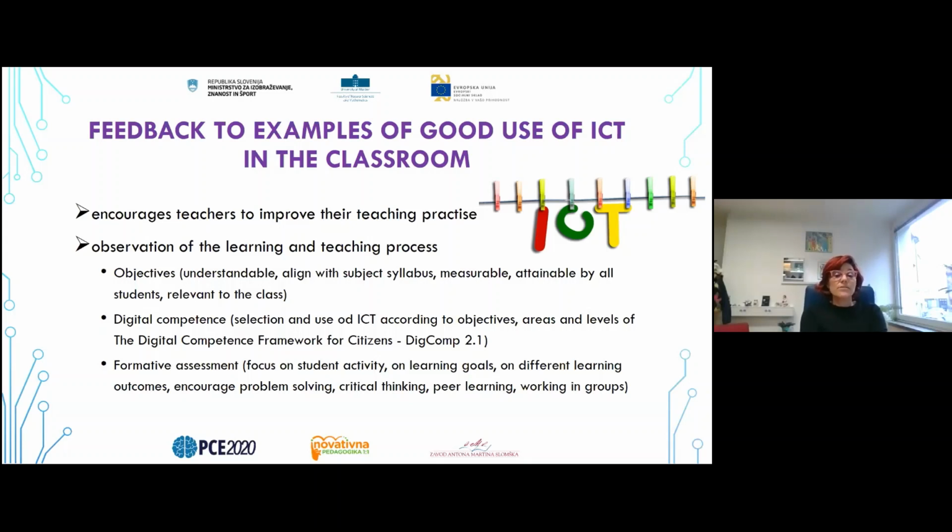The next element is digital competence: how the teacher selects and uses the ICT to achieve the objectives, and to achieve some levels of the digital competence framework for citizens. We use DigComp 2.1 as the main literature in the project.